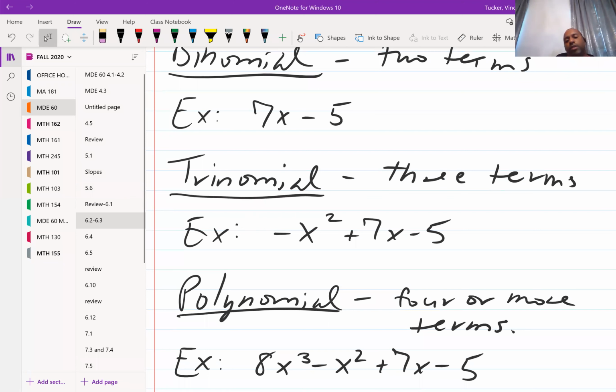And polynomial, 4 or more terms. Generally, they're all referred to as polynomials. But if you're talking about being specific, you've got your monomial, binomial, trinomial, and then polynomial. Poly is many. So 4 or more terms.